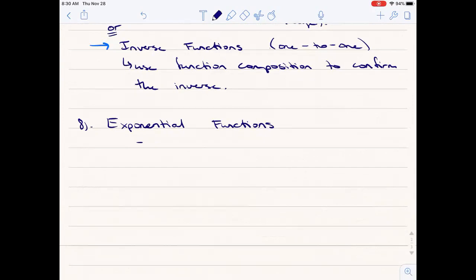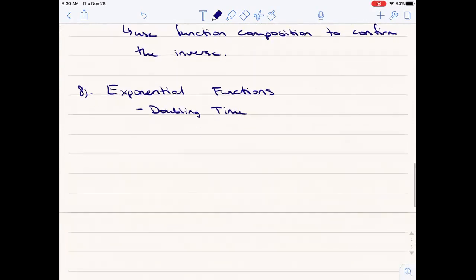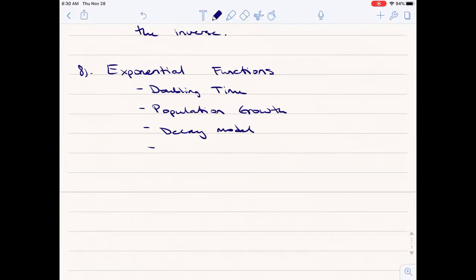Right. Things like doubling time, population growth, decay model, law of cooling or heating.